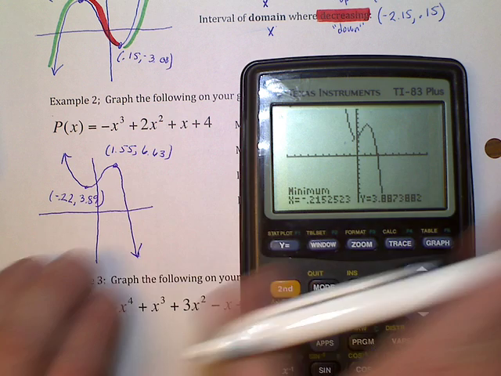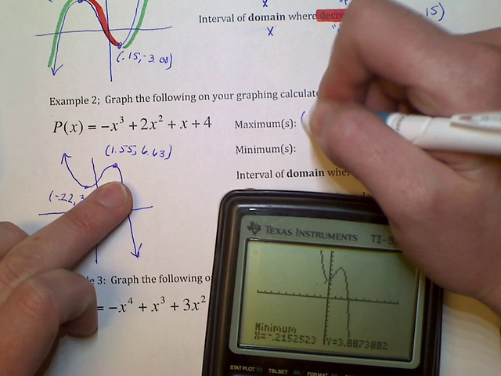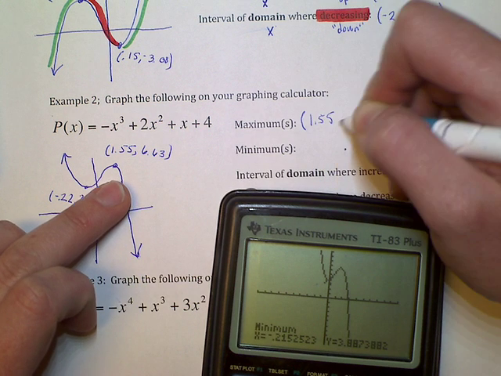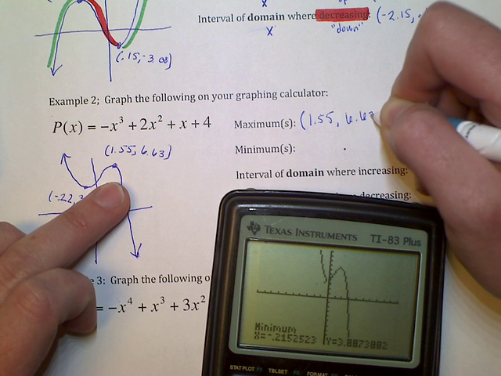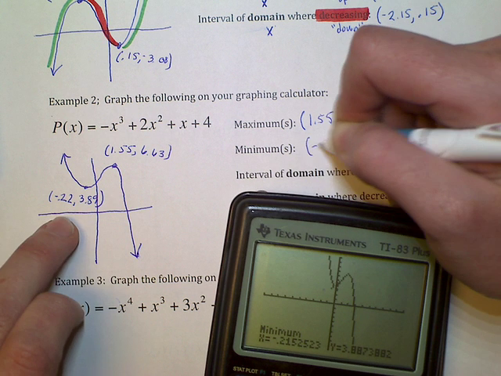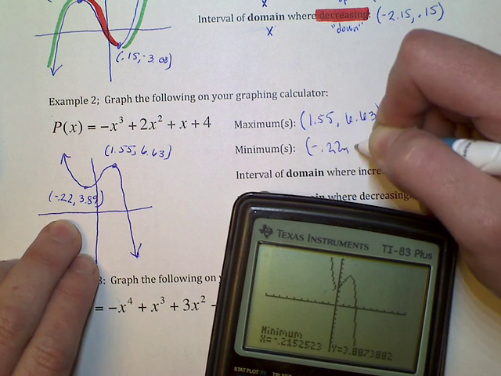All right, so maximum at 1.55, comma 6.63, minimum at negative 0.22, comma 3.89.